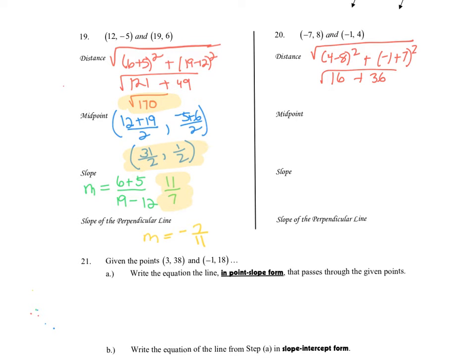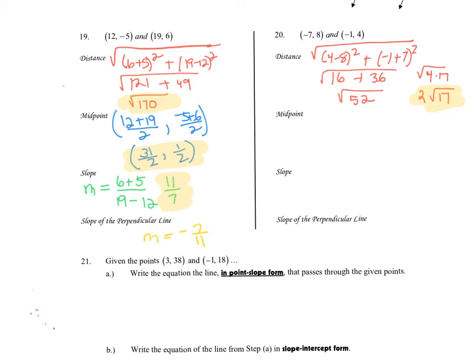Add those together. We get the square root of 52. The square root of 52 is the square root of 4 times the square root of 17, which is 2 times the square root of 17. So we have our answer for the distance.